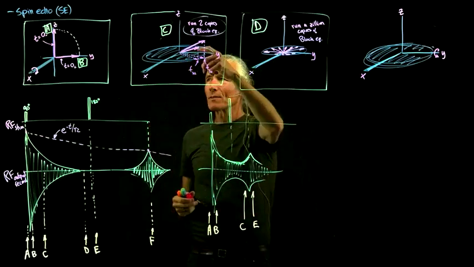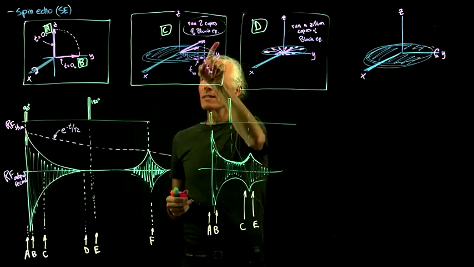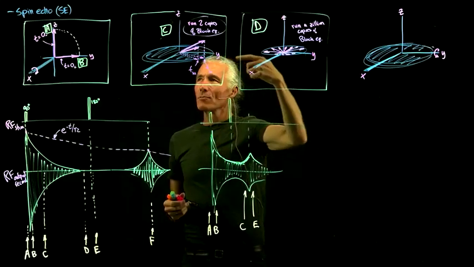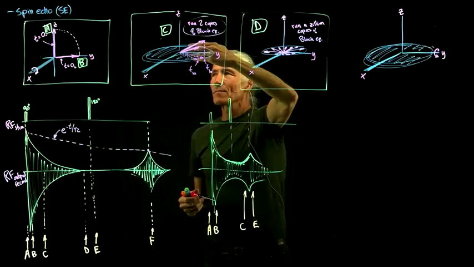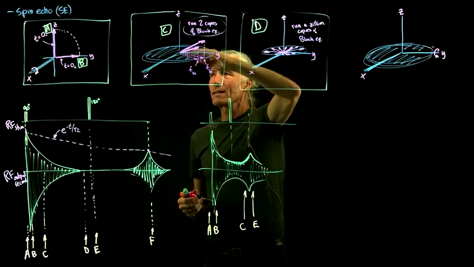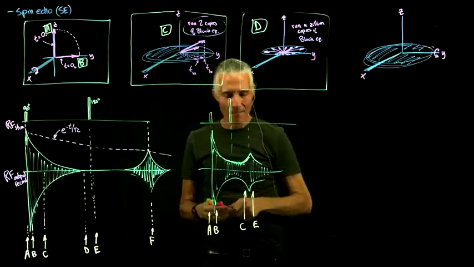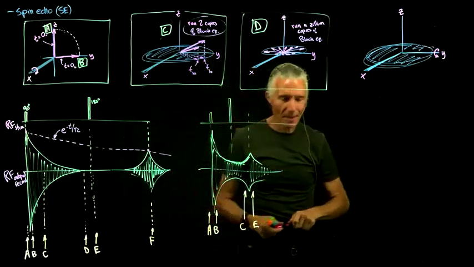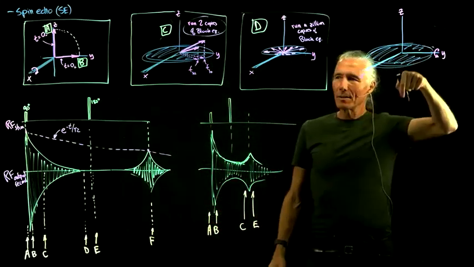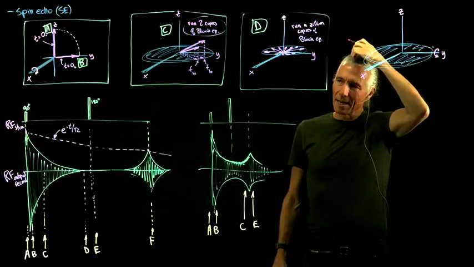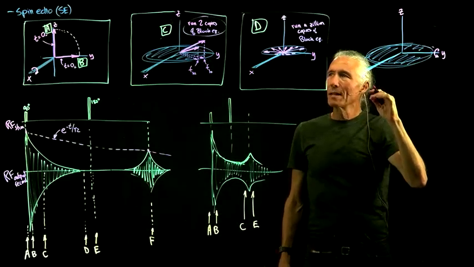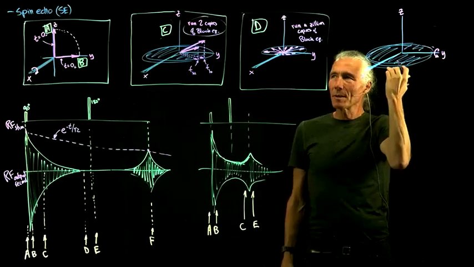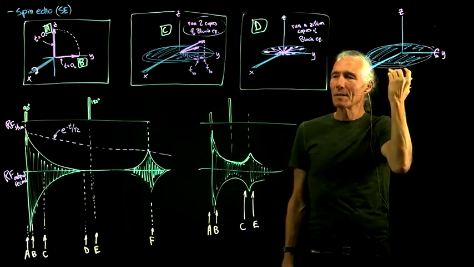If they're sticking out at you, when you rotate them, just imagine rotating them around 180 degrees around the y-axis. What are you going to get? Well, they're going to be underneath the plane, and they're going to be away this direction.